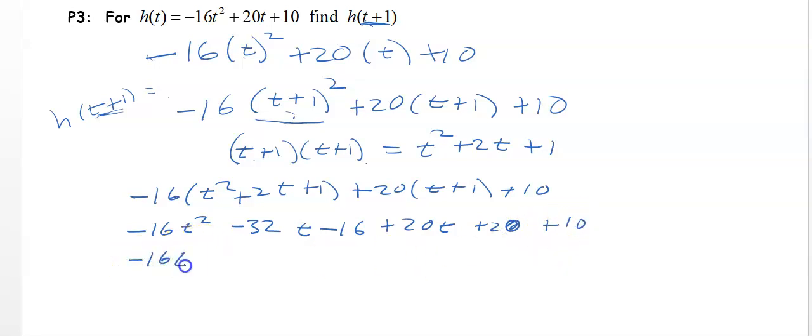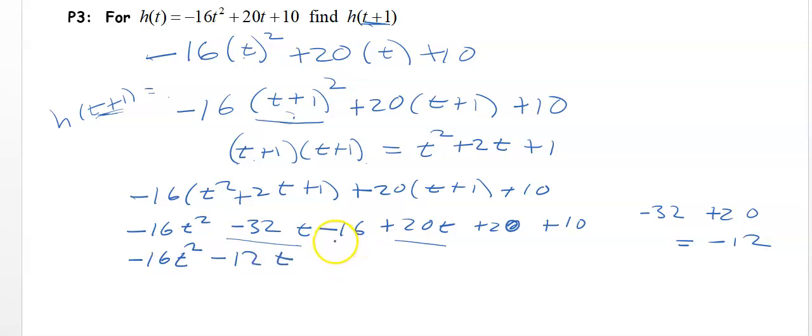Negative 16t squared is the only t squared, so I can't combine it with anything else. But I see I have a negative 32t and a positive 20t. When I do negative 32 plus 20, the signs are different, so I subtract and I get 12. But the 32 is the bigger number, and it was negative, so I get a negative 12t.